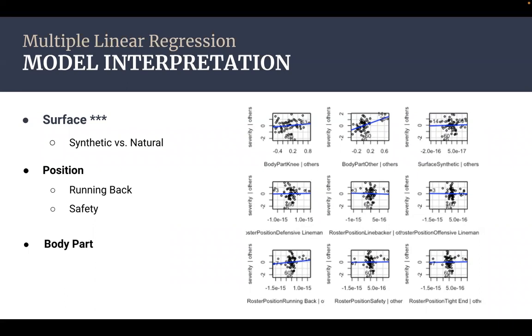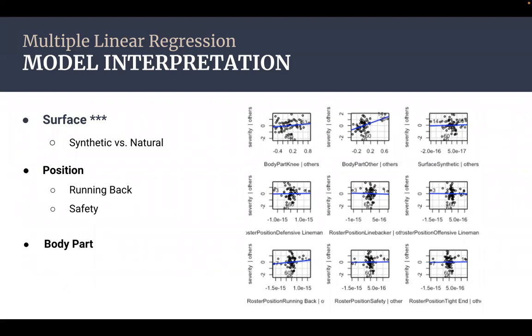For the position variable, what I found was the running back position was most associated with higher severity levels, so more severe injuries, immediately followed by the safety position. This, in my opinion, would definitely make sense because in both of these positions, players are making a lot of quick, short changes in motion and weight distribution.